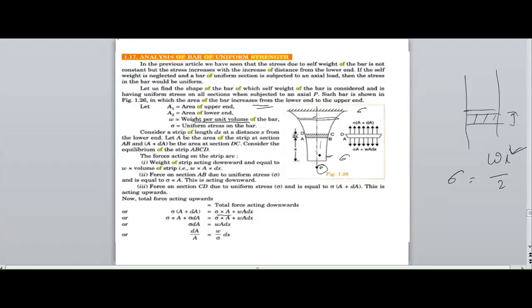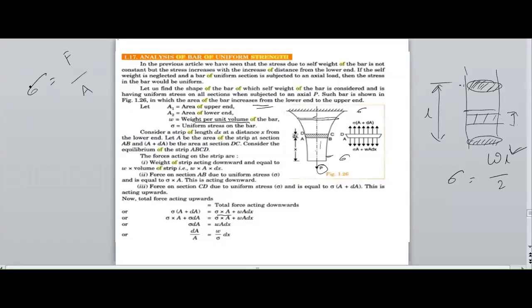So the stress will be varying for a uniform cross-sectional area according to the length. If I increase the length, the stress will be increased at this location. The stress will be low at the bottom location. Therefore, here I need a uniform stress. So stress is inversely proportional to the area.